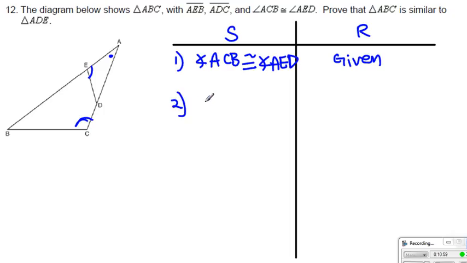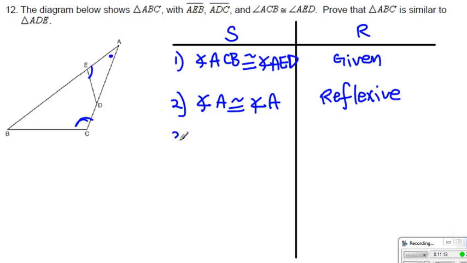Number 2, angle A is congruent to angle A. It will be reflexive. In fact, we have done two pairs of the angles. So therefore, triangle ABC is similar to triangle ADE by AA. All right, that's it.